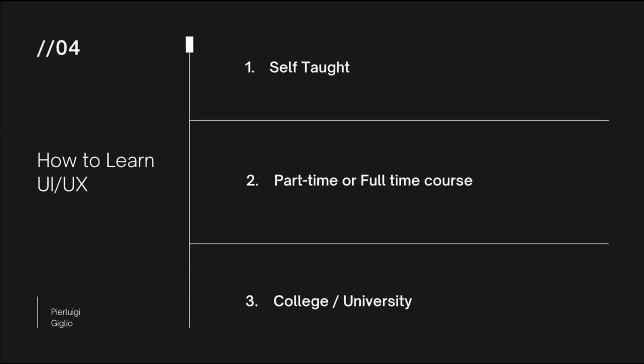You can invest 1 hour a week, 5 hours, 10 hours, or even more, and it's usually regarded as the cheapest route, since you don't have to make a whole lot of investment up front in order to learn. The second one is the part-time or full-time courses, and these include also boot camps. And then there's the third route, which is college and university, which usually is the longest path and also the most expensive one.